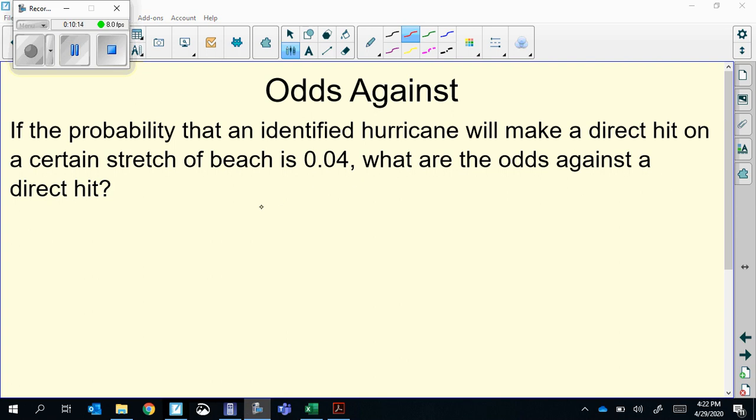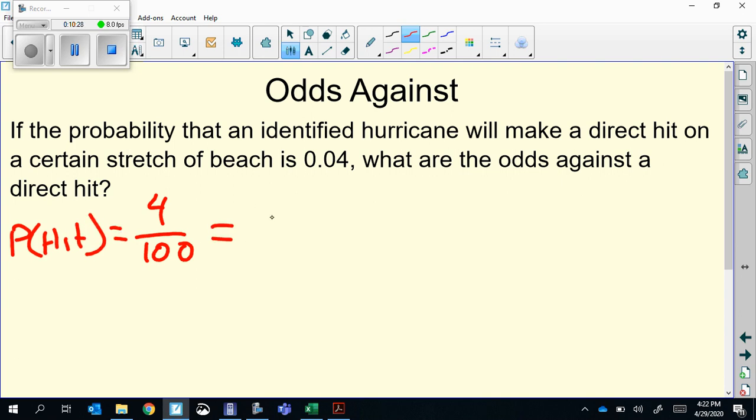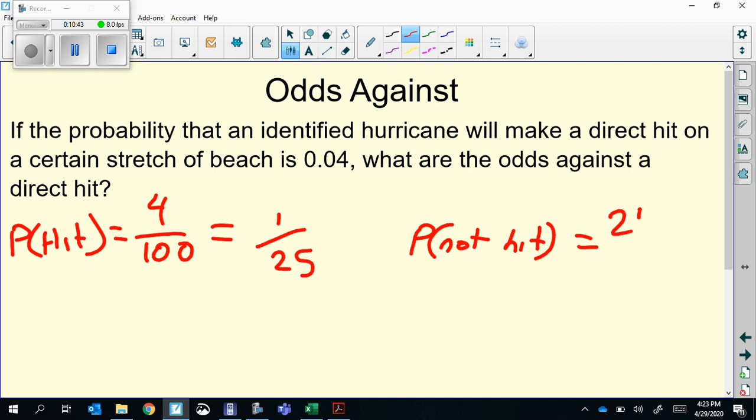So the first thing we're going to get from this is that 0.04 means 4 out of 100, and that's the probability of a hit. 4 out of 100, we can reduce that, divide by 4, we get 1 over 25. So the probability of a hit would be 1 out of 25, which means the probability of not a hit would be 24 out of 25. It'd be the rest of it, because those probabilities are going to add to be 1.